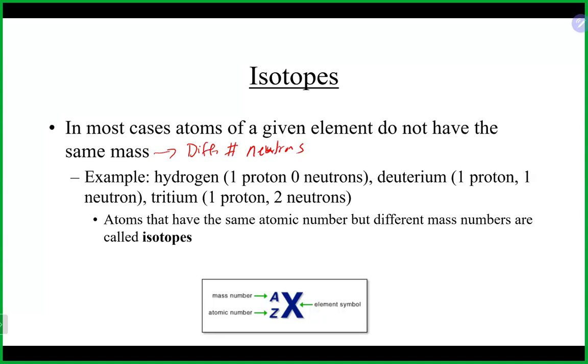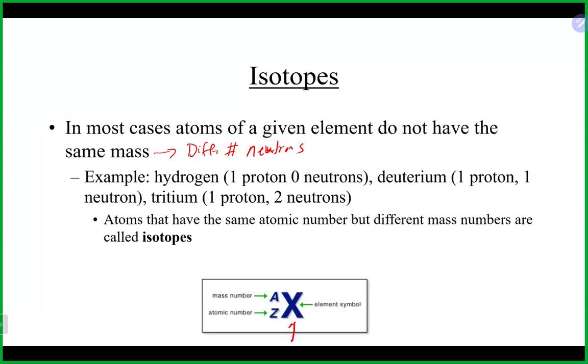And when we look at hydrogen, it has some isotopes. There's deuterium, which doesn't sound like hydrogen, but it's an isotope of hydrogen. There's tritium, which is the radioactive version of hydrogen. One of the ways that we write isotope symbols is what we see down here.